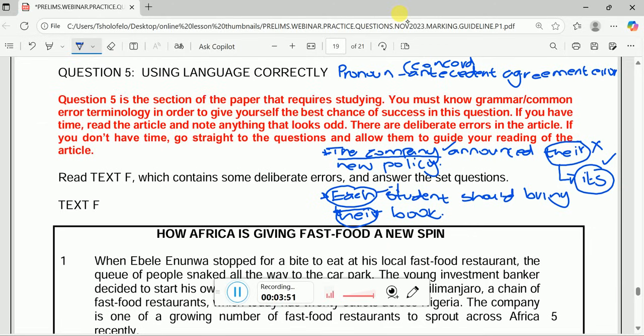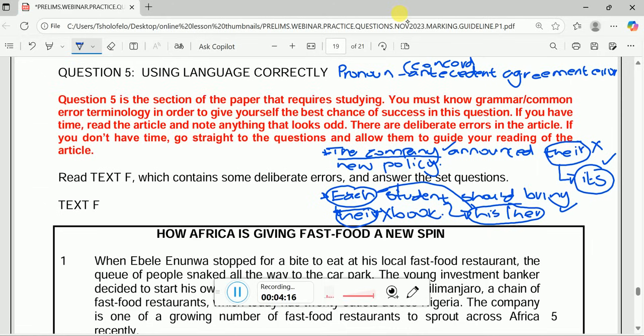So the pronoun "their" is incorrect because in relation to the subject, it says each student. The correct version is: each student should bring his or her book, because we are talking about one student. So the concord error for pronouns should be corrected to "his or her" instead of "their".